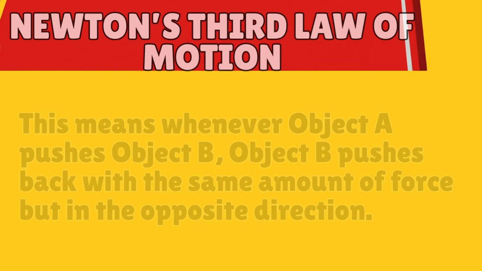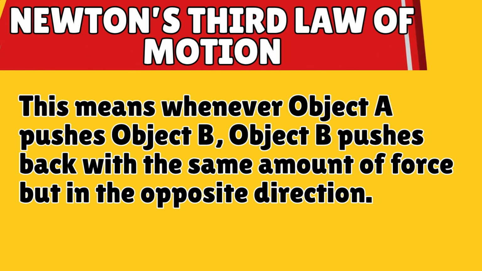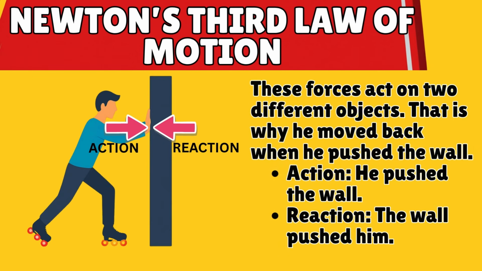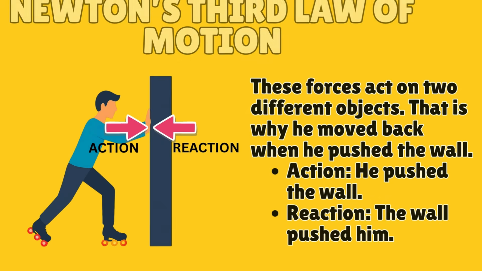This means whenever object A pushes object B, object B pushes back with the same amount of force but in the opposite direction. These forces act on two different objects. That is why he moved back when he pushed the wall. The action is he pushed the wall, and the reaction is the wall pushed him back.